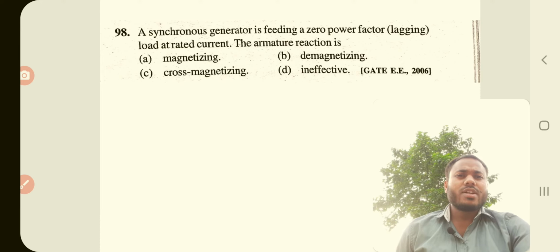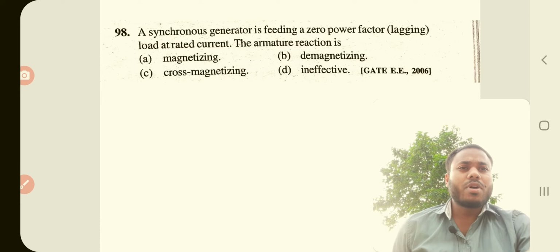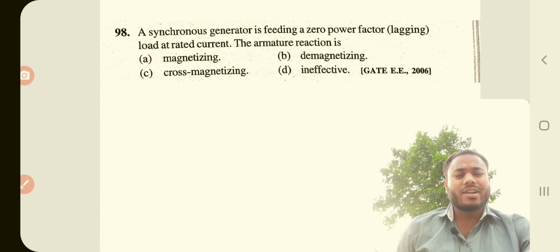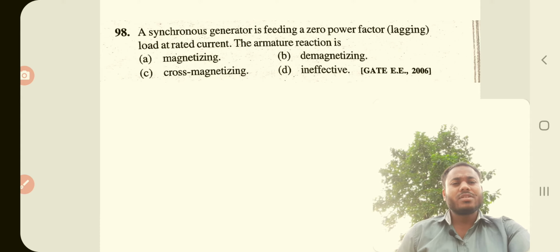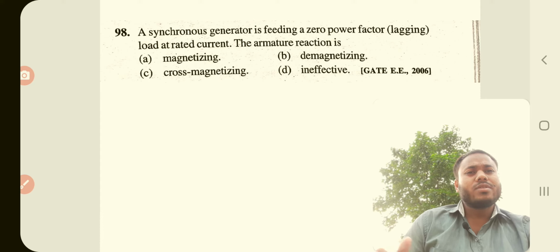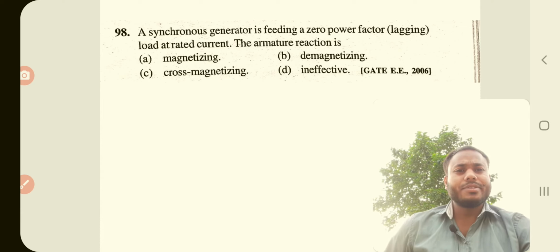A synchronous generator is feeding a 0 power factor lagging load at rated current. What kind of armature reaction is there when the 0 power factor lagging load is connected? Here the right answer is demagnetizing, because 0 power factor lagging means the load is like an inductive load.